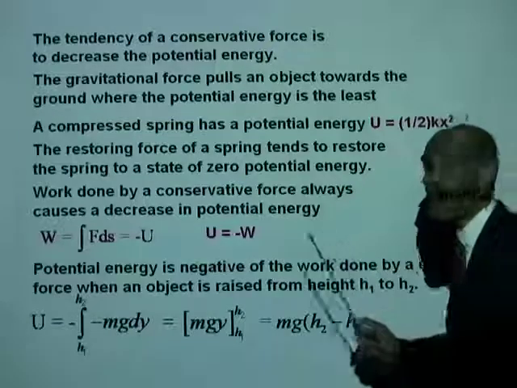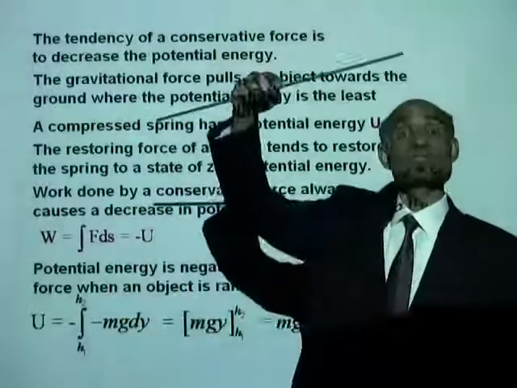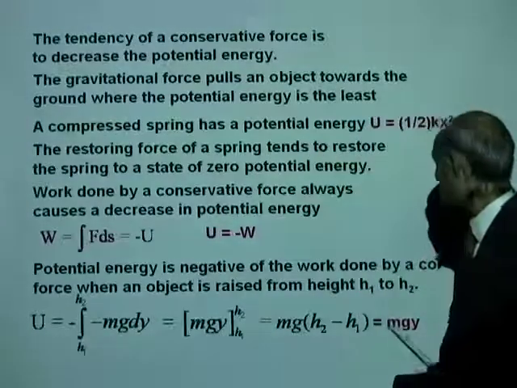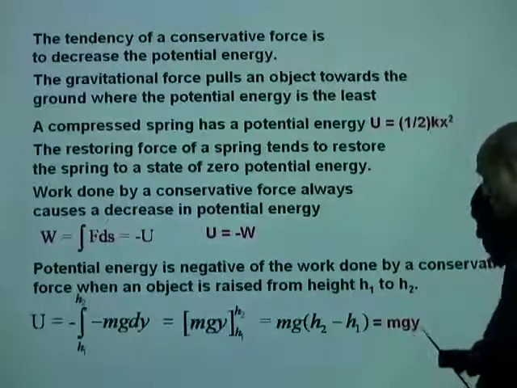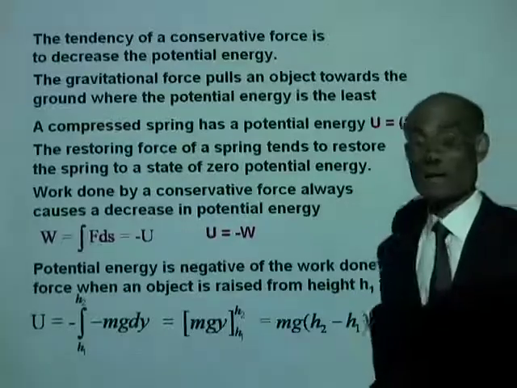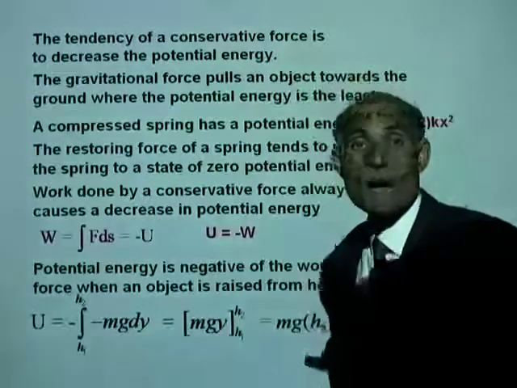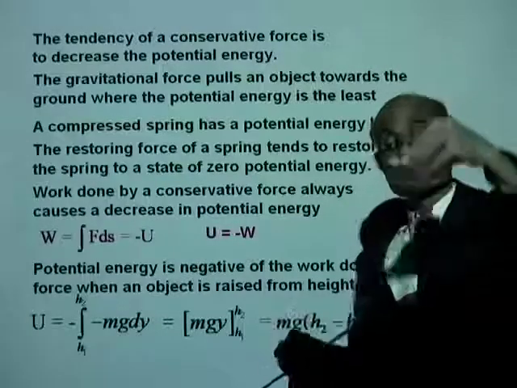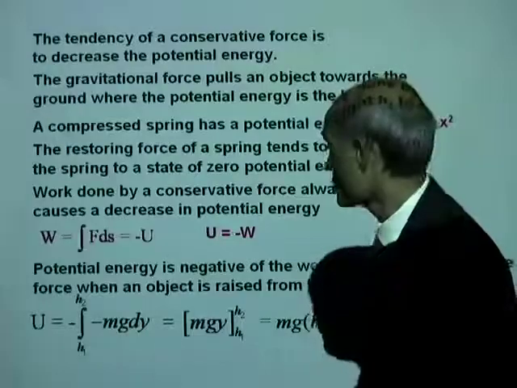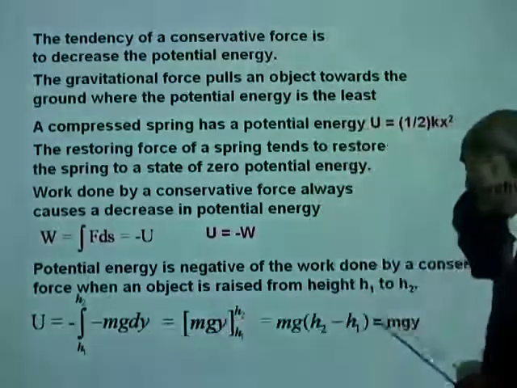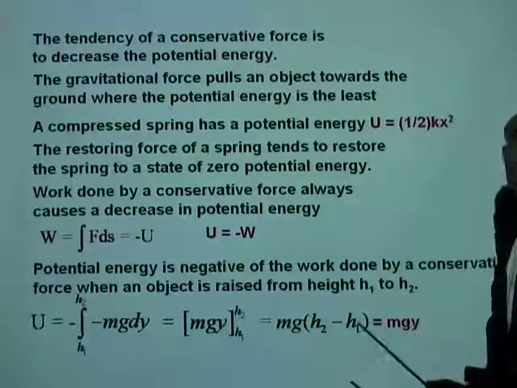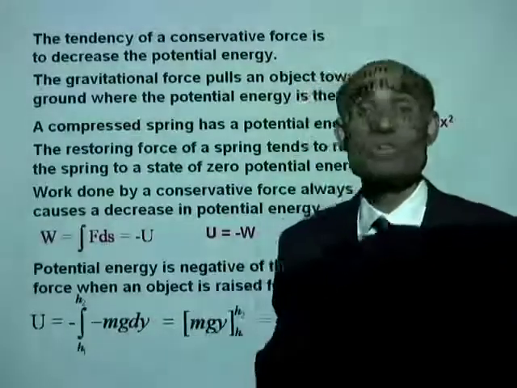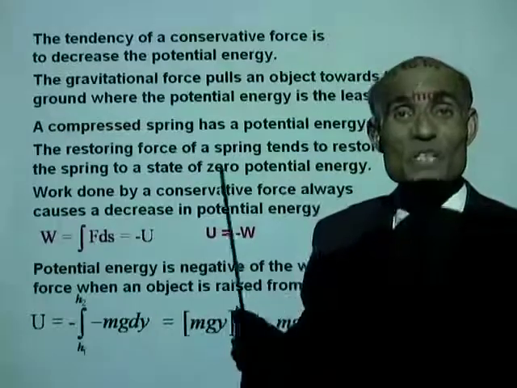If h2 minus h1 is equal to h, then potential energy equals mgh, or we can now call it mgy, because h2 minus h1 is the distance y through which the object is raised. So potential energy equals mgy, which is the same as the first equation that we obtained, potential energy equals mgh.